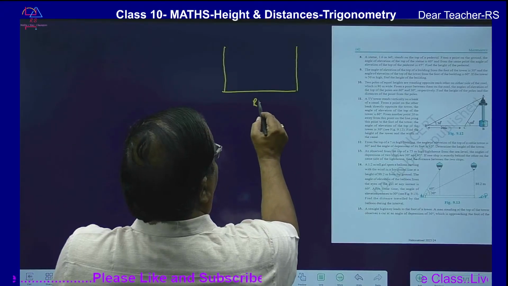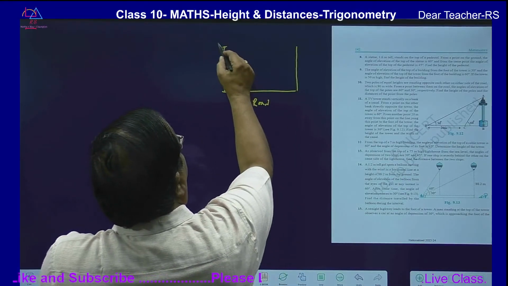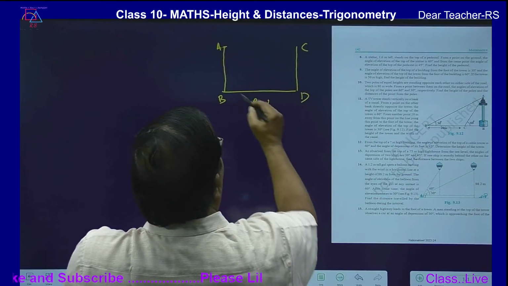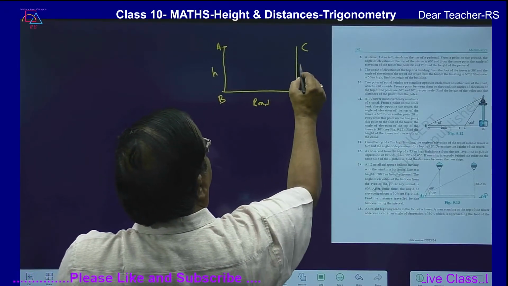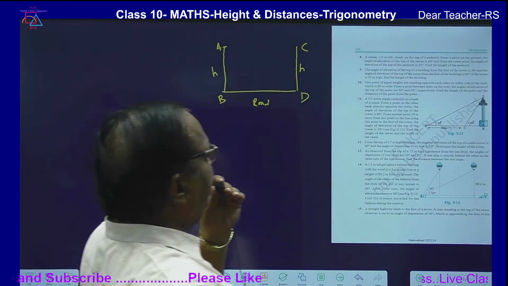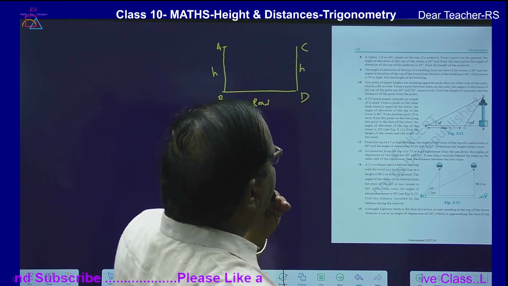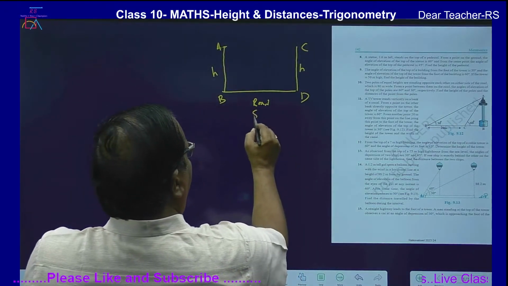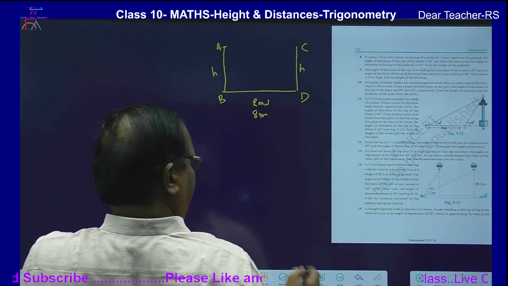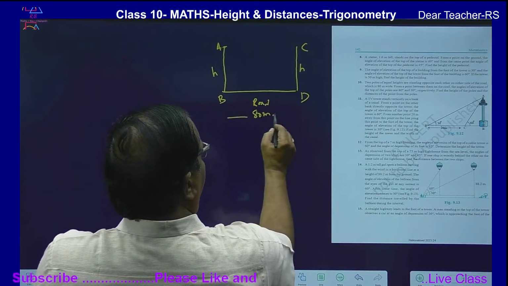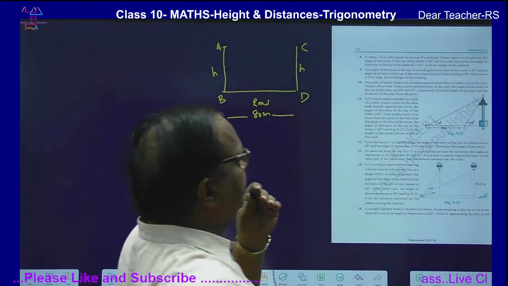This is the road, and AB is a pole and CD is one more pole. Both heights are the same. The road is 80 meters wide. That means BD is equal to 80 meters.